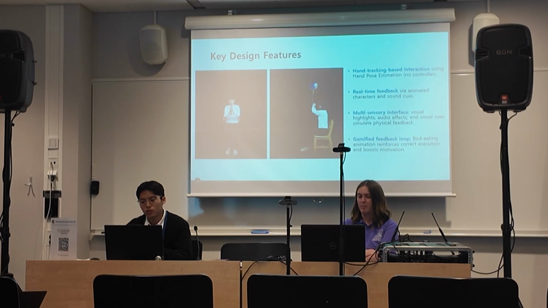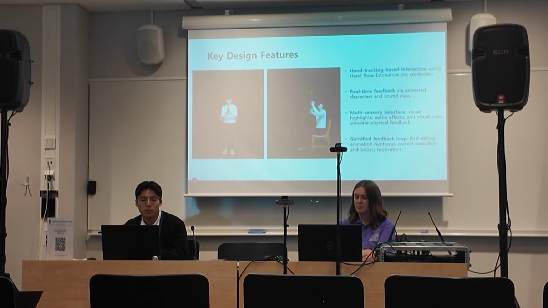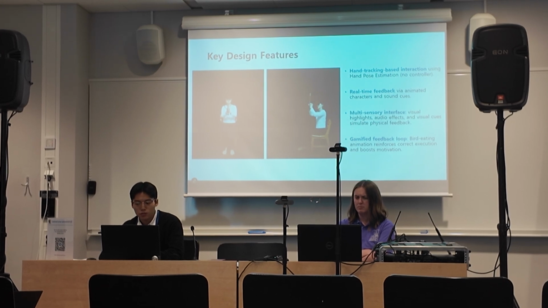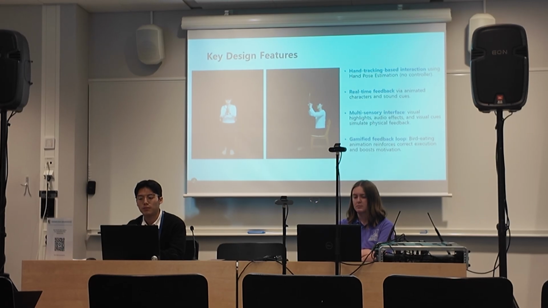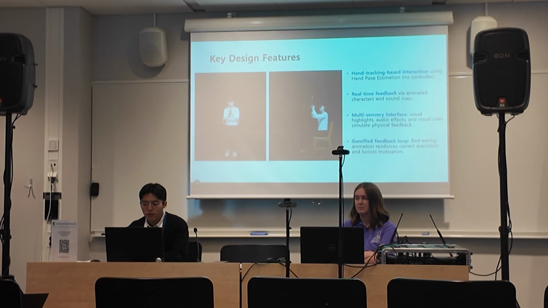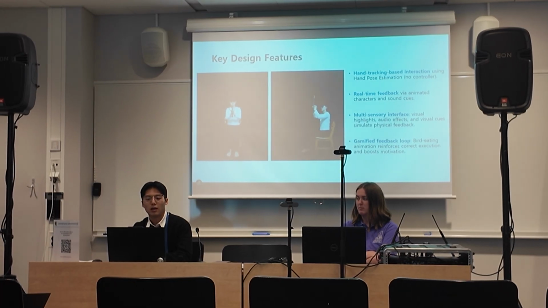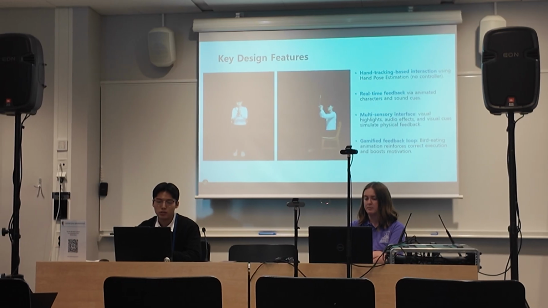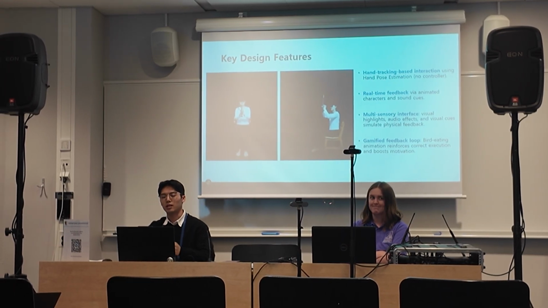If they hold the branch correctly, the bird successfully eats the caterpillar. But if not, the bird misses the caterpillar like that. This game naturally guides users to perform correct movements and gives immediate feedback. We include four main design elements: hand tracking AI, real-time feedback, multi-sensory interface, and the last one is gamification.